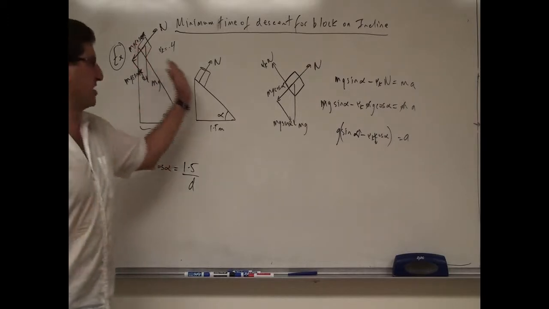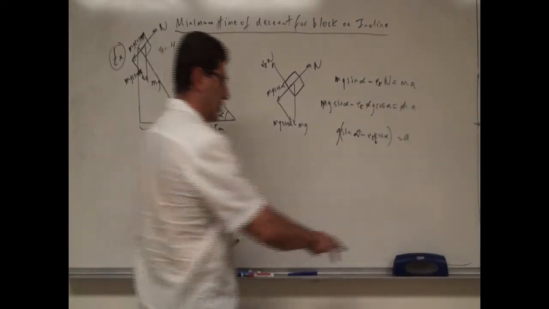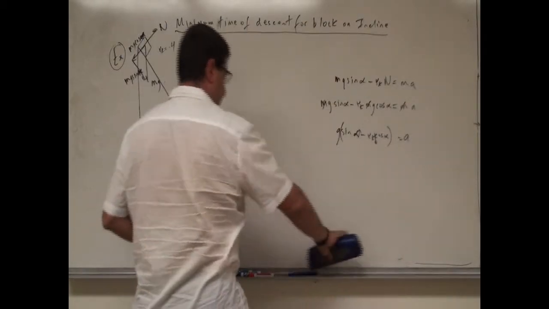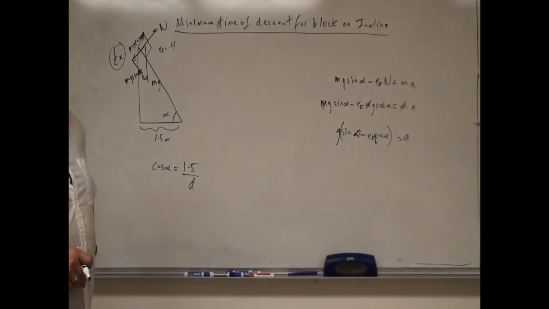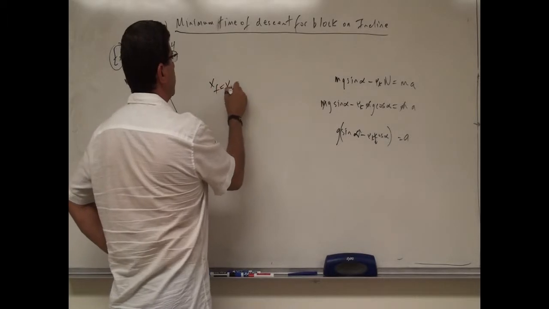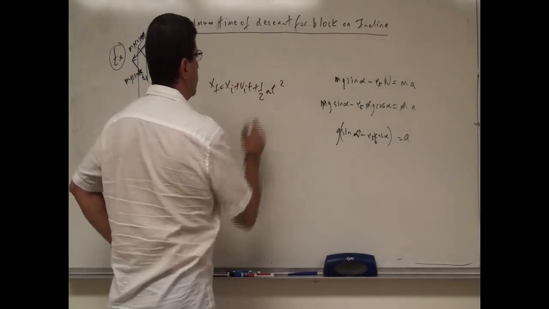So how do we calculate the time that it takes for the block to go from here to here? What's the general equation? Okay? We can use one of the equations of kinematics, right? Which one should we use? We can say x final is equal to x initial plus v initial t plus half a t squared, right?